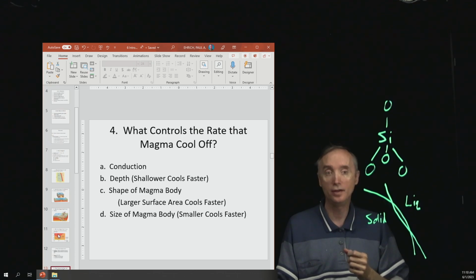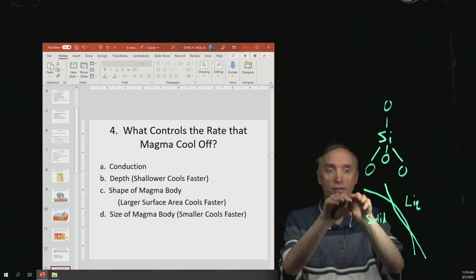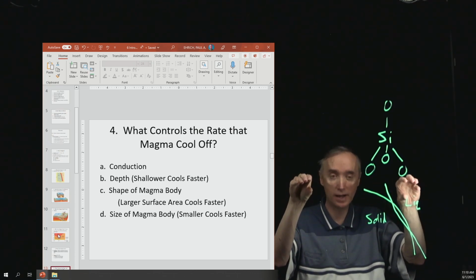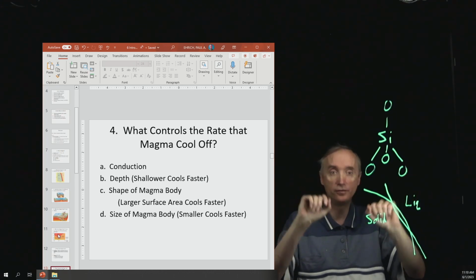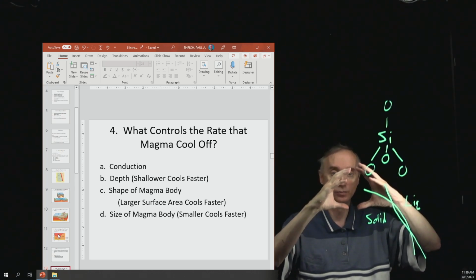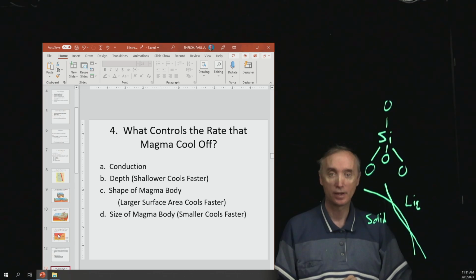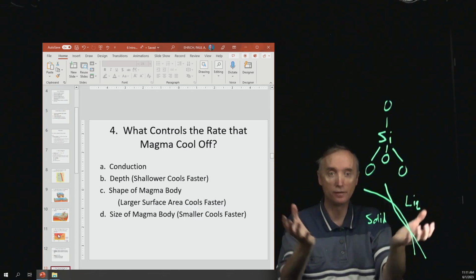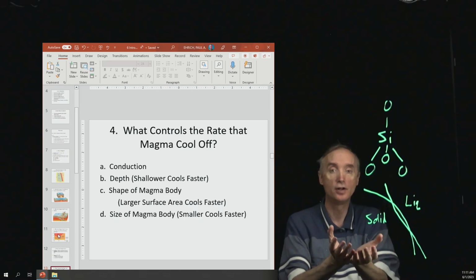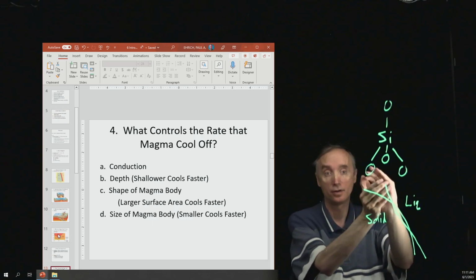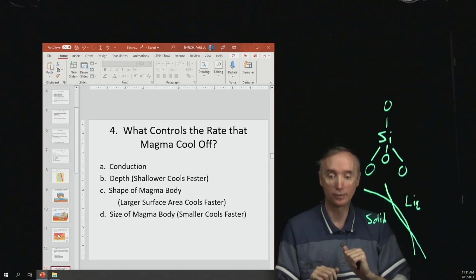Another thing is that if you have a thin body of magma, that's going to cool off faster than a spherical one. And then the size of the magma body: big blobs of magma will cool off slower than a small body of magma.